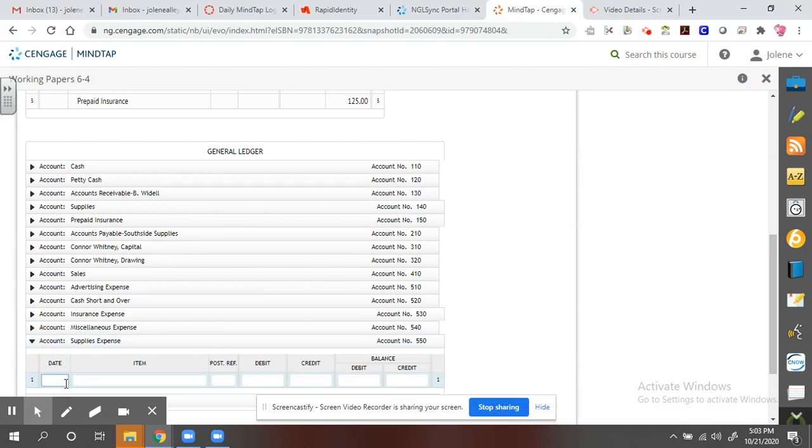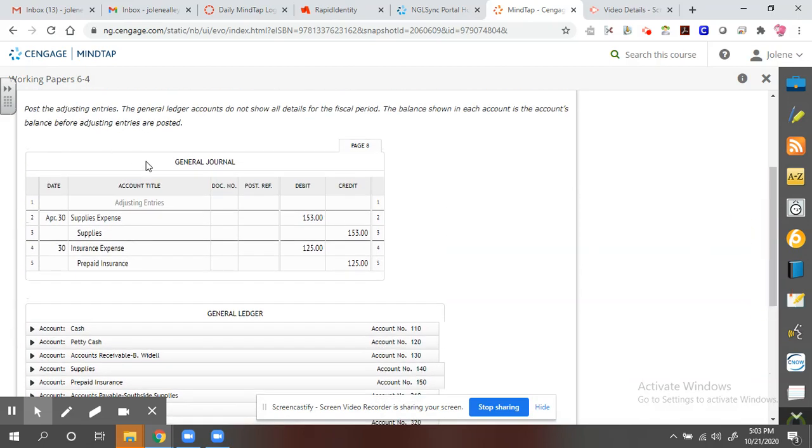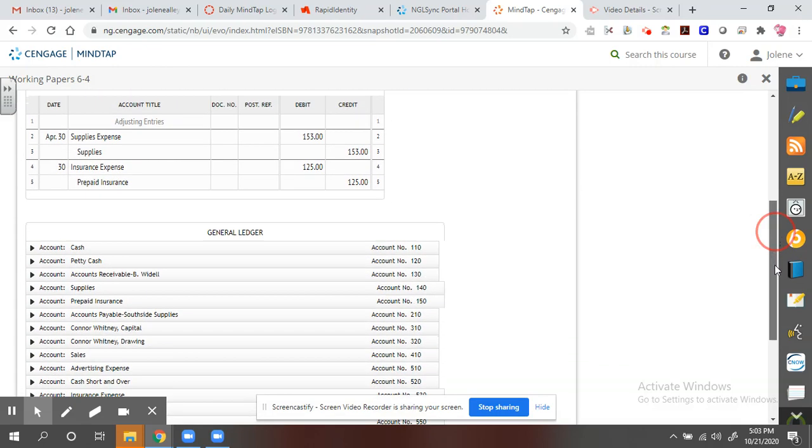The date is April 30, and the post reference is G8. I'll show you again, General Journal, page 8. And this is a debit for $153.